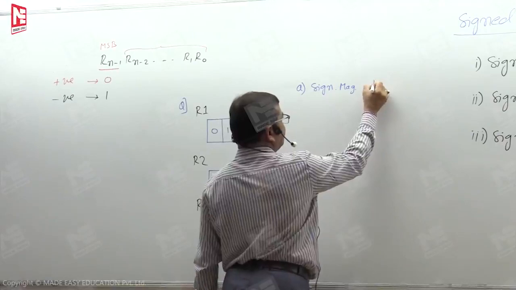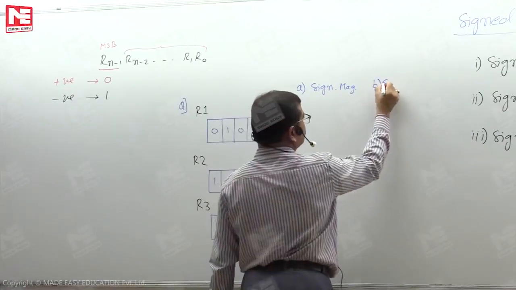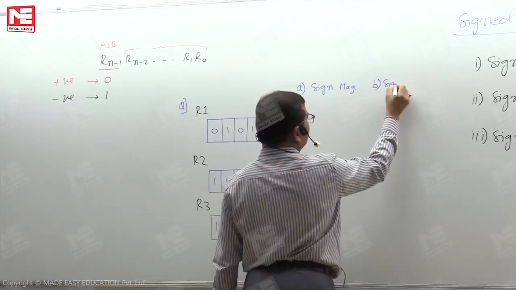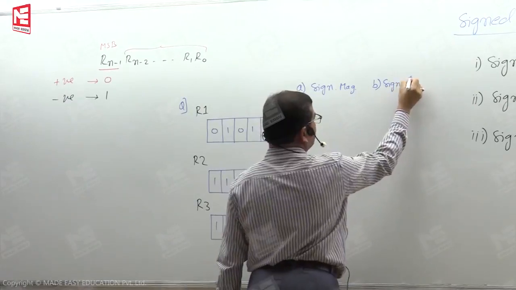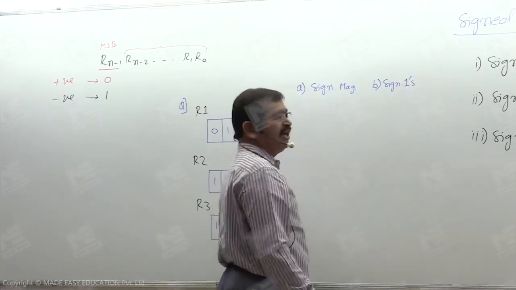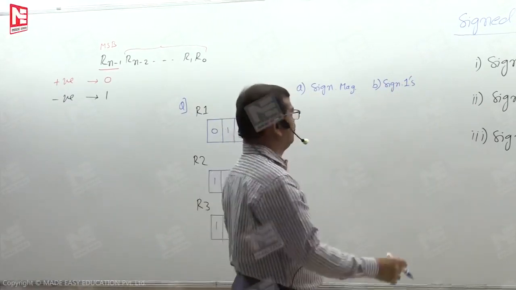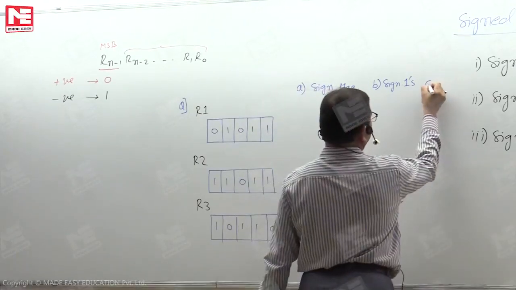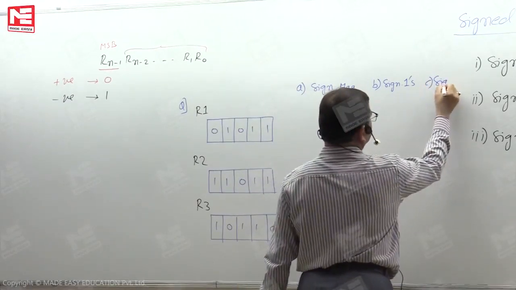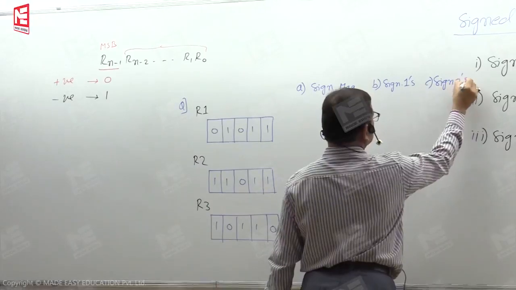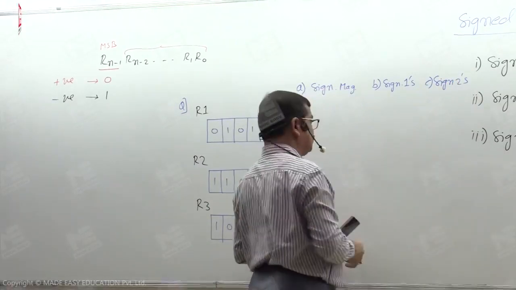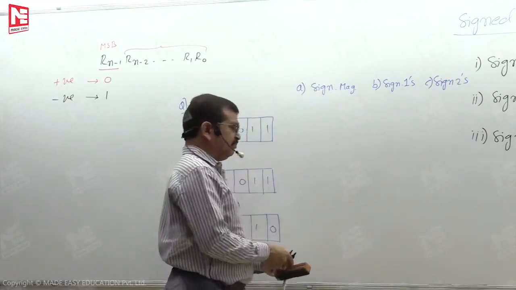B bit: if the data is in signed ones complement notation. C bit: if the data is in signed two's complement notation.